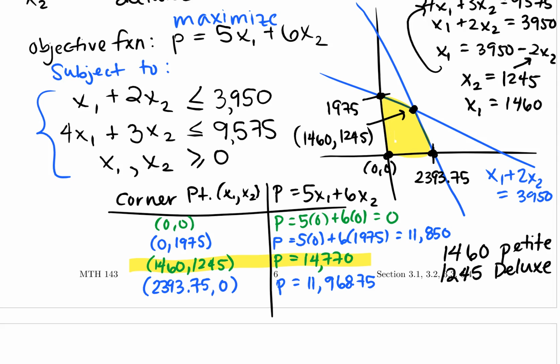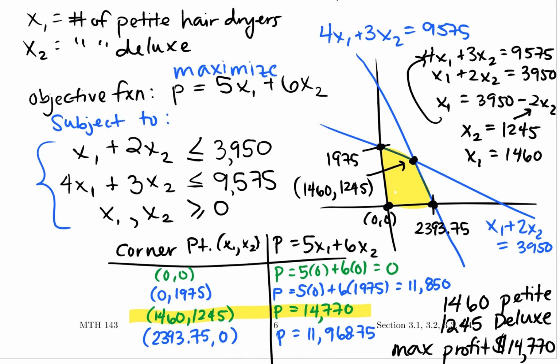Now the question didn't ask it, but it's a likely question where I could ask you, how many of each thing should you make, and what is the maximum profit? And so let's also note that the maximum profit was $14,770.